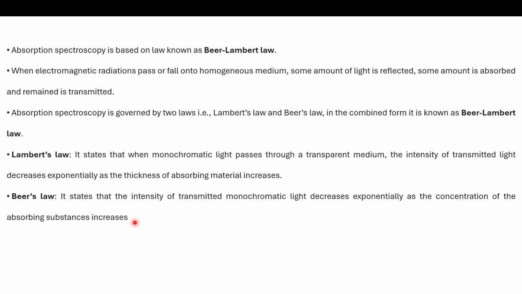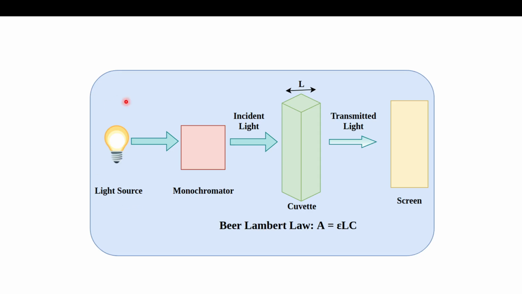So there is the light source, which can emit light of different wavelengths, and a monochromator, which helps in passing only a certain wavelength of light. This is then incident on a sample present in a cuvette of a particular thickness.